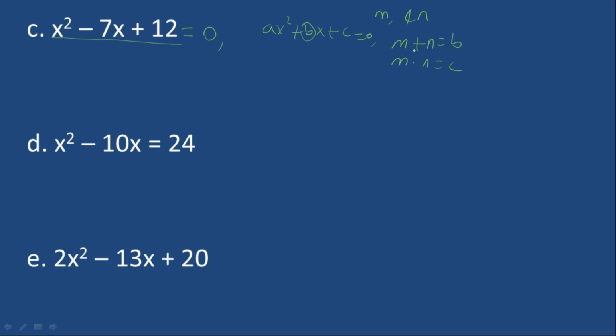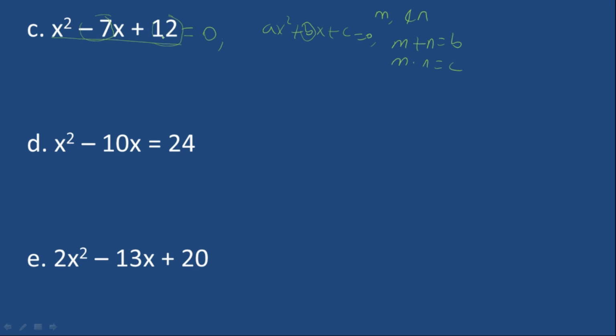So find two numbers whose sum is negative 7 and their product is 12, positive.